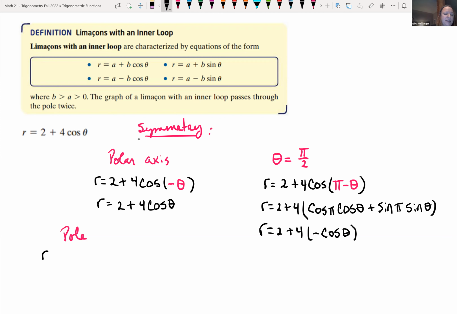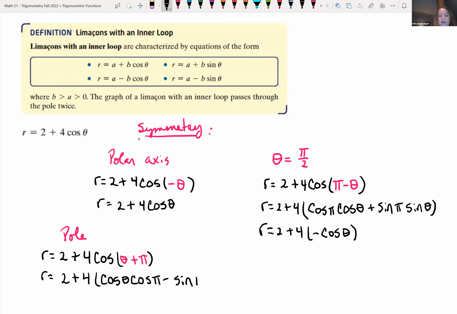So if we plug in theta plus pi for theta, we would have r is equal to 2 plus 4 cosine of theta plus pi. So this is the sum of 2 angles. Using the sum of 2 angles for cosine, we would have 2 plus 4 times the quantity cosine theta cosine pi, opposite sign, minus sine theta sine pi.